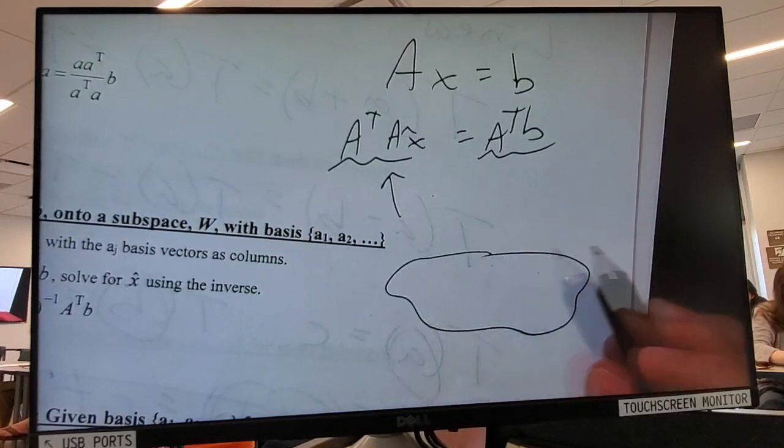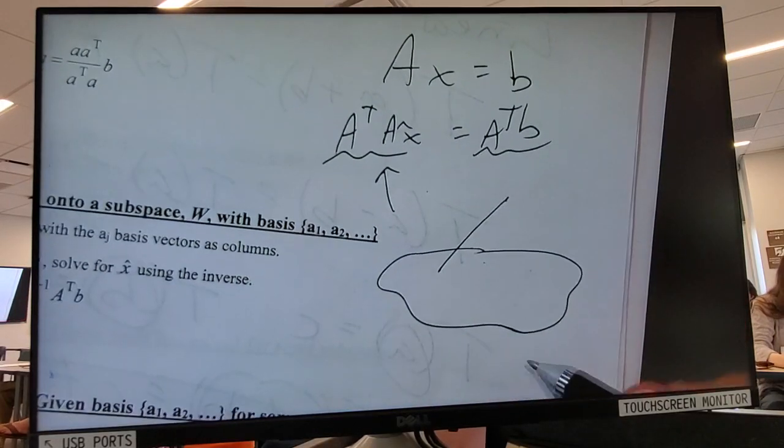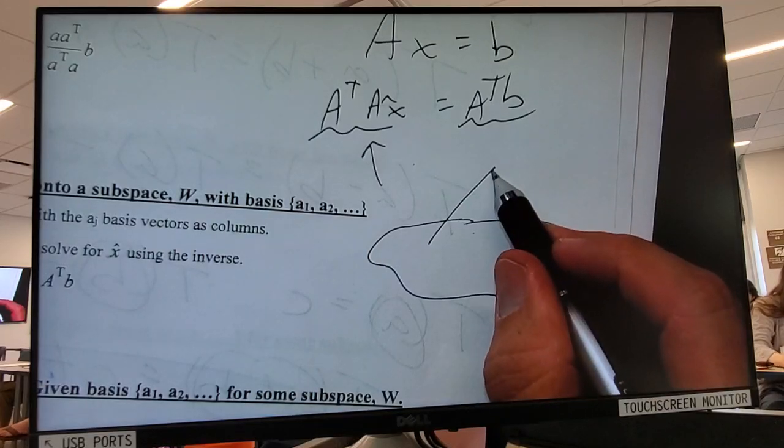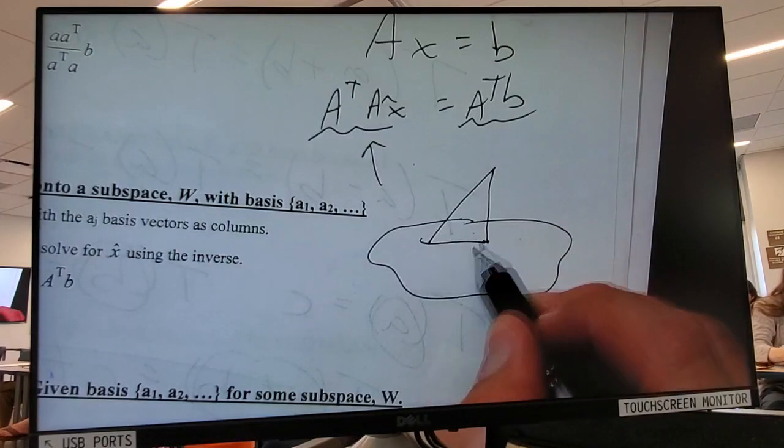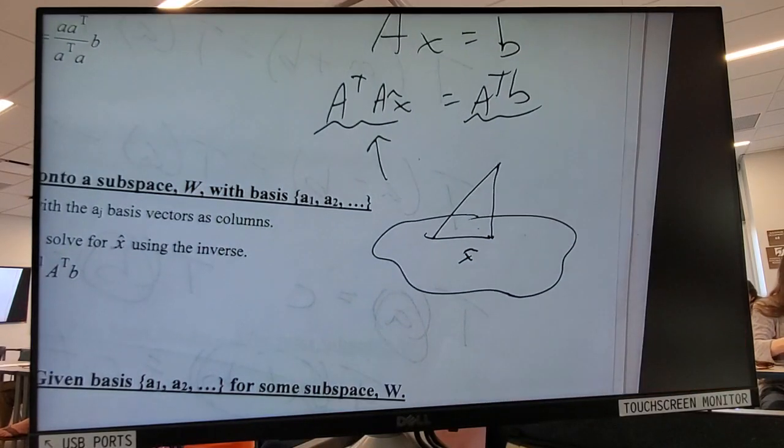You got this subspace and you got this vector, and if you shove this in here and you get x hat, it's the projection idea. It is the closest you can be to where you actually want to be. So if you collapse it, solve the simpler equation, you'll get the closest you could possibly get to where you want to be. You can find the error.